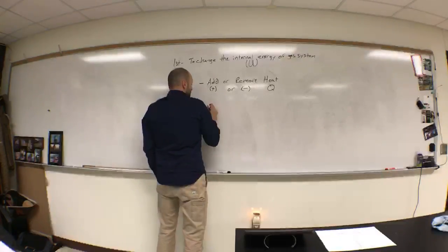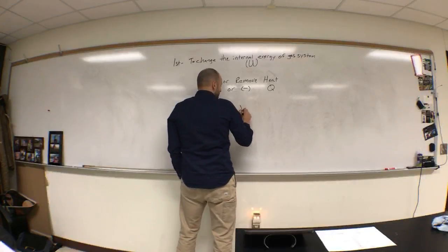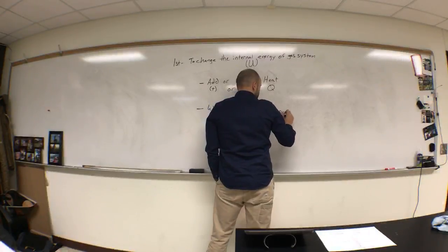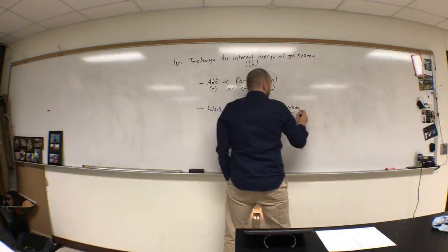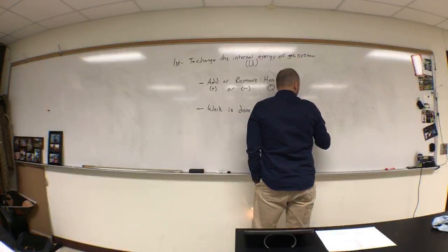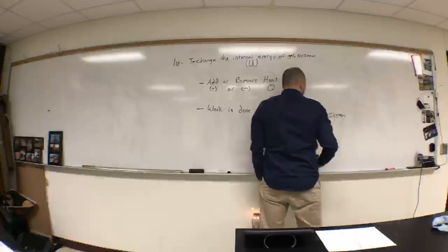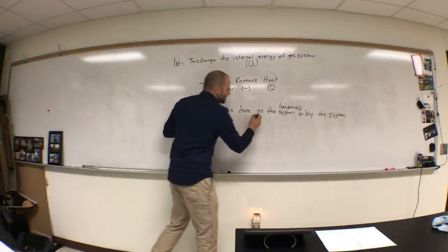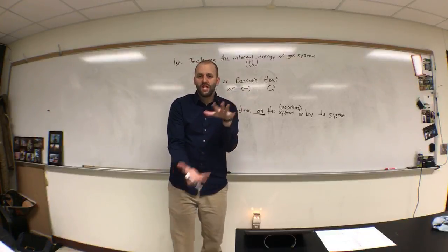Another way to look at this is work is done on the system, so the set of gas particles, or by the system. If it's done on the system, it means we're compressing the gas.